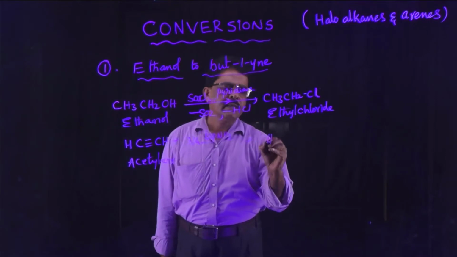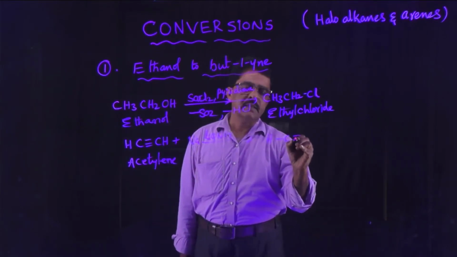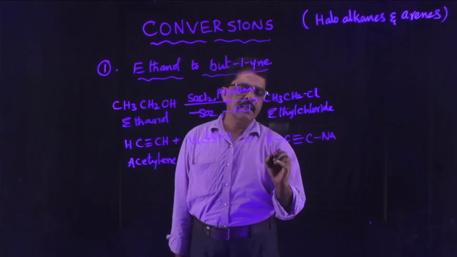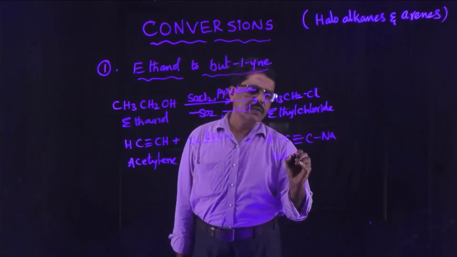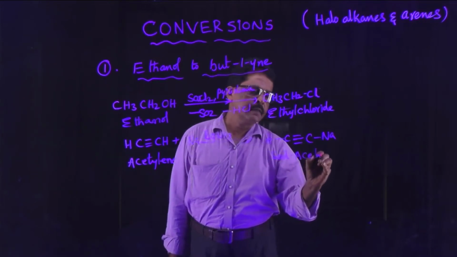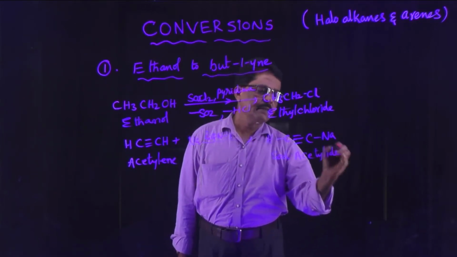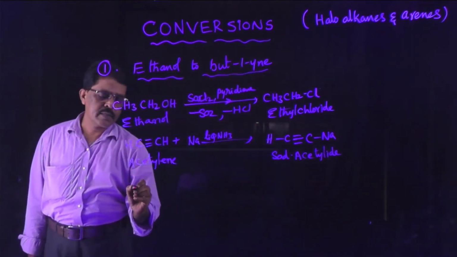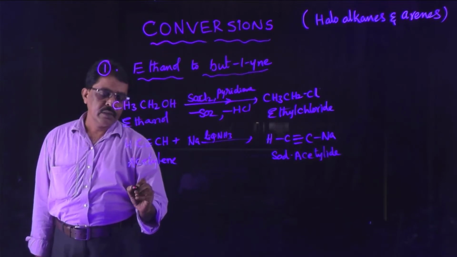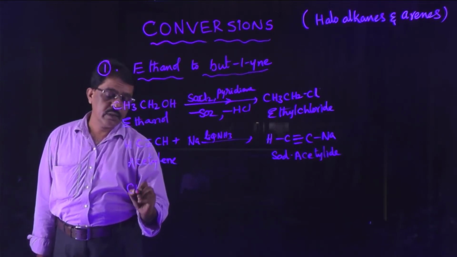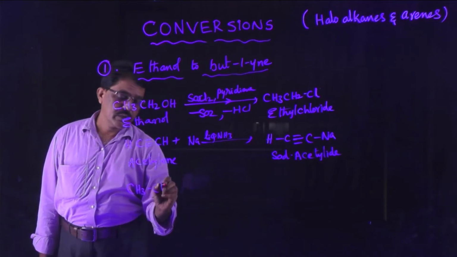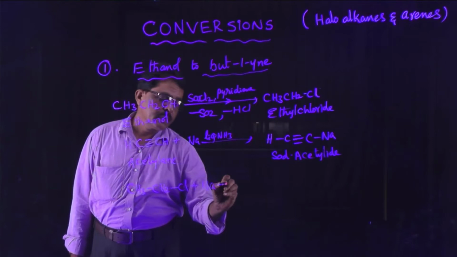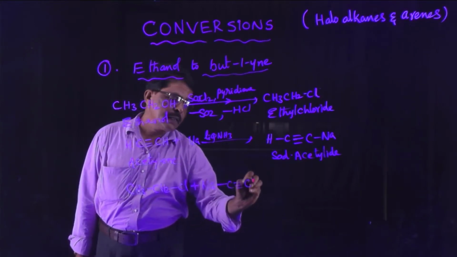Then you will get CH triple bond CNa, sodium acetylide. This sodium acetylide is treated with ethyl chloride: CH3CH2Cl plus NaC triple bond CH.